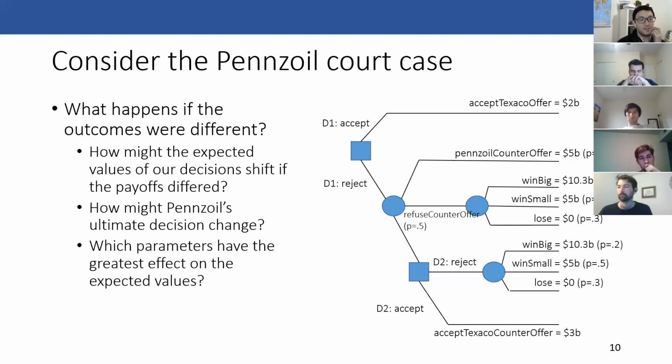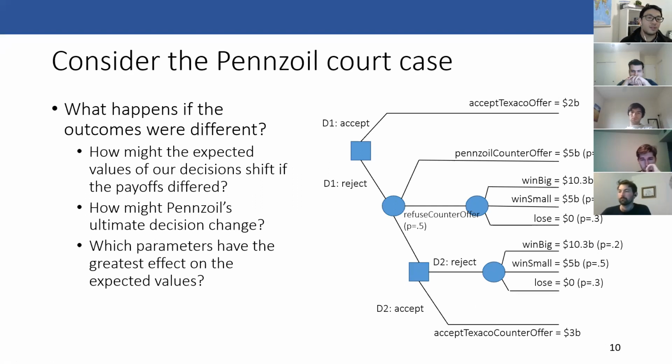You have this court case going on, and you've got a decision to accept a settlement agreement, or to accept or reject the counteroffer. And then these are your outcomes.